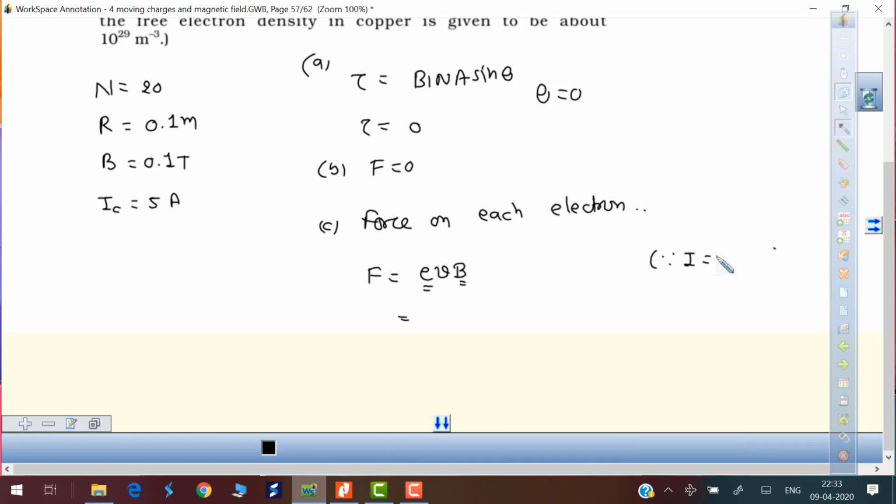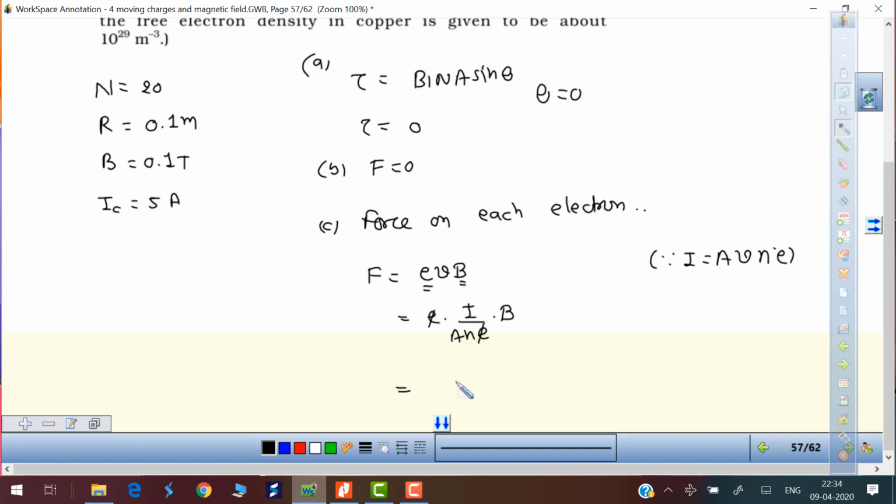So I is equal to nAeVd. So V is equal to I upon nAe, multiplied by B. So e is cancelled out.